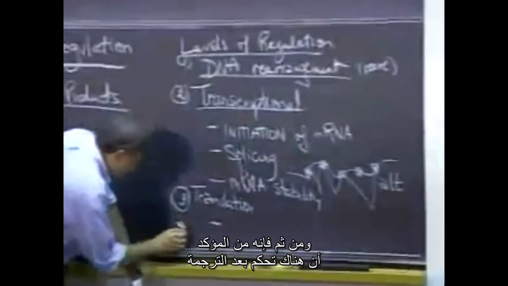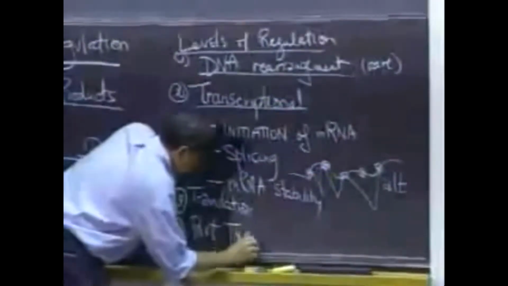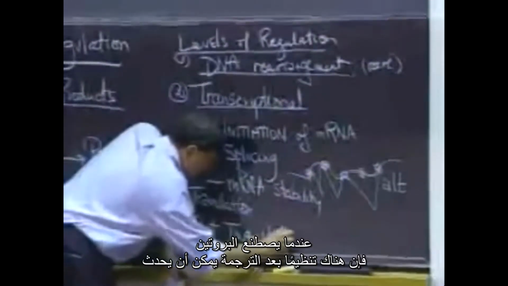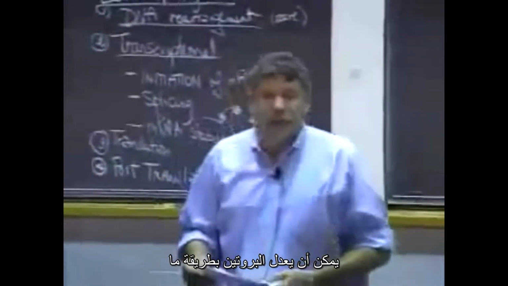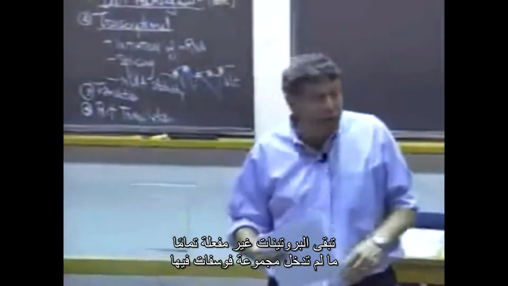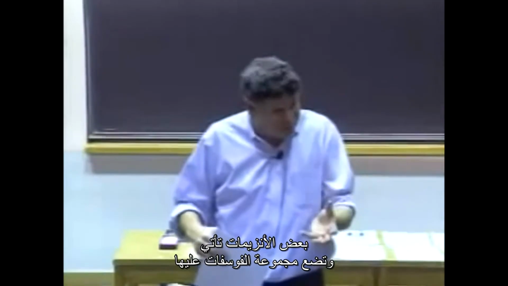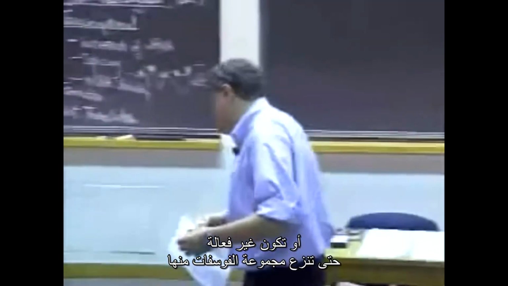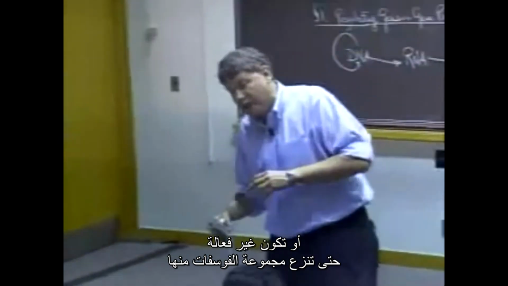And then, of course, there's post-translational control. Once a protein is made, there's post-translational regulation that could happen. It could be that the protein is modified in some way. The protein is, say, completely inactive unless you put a phosphate group on it, and some enzyme comes along and puts a phosphate group on it, or it's active until you take off the phosphate group, or inactive until you take off the phosphate group.